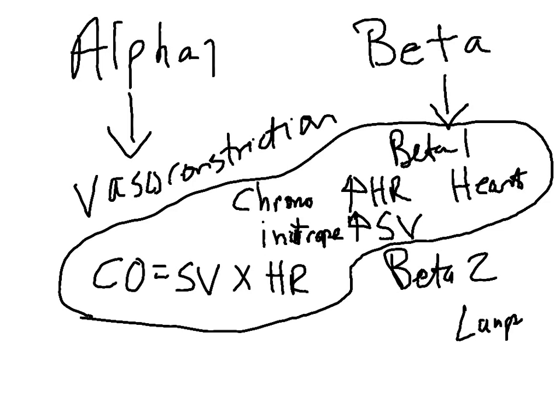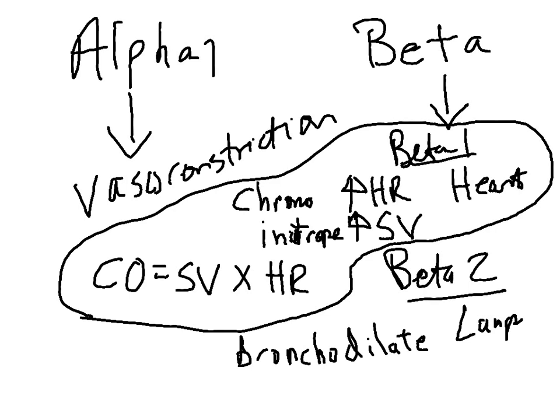On the other hand, if I need bronchial dilation, if I need those bronchioles to dilate, then I need to call for beta 2. Now some drugs are just going to be pure beta, and they're going to stimulate beta 1s and beta 2s, it doesn't matter.